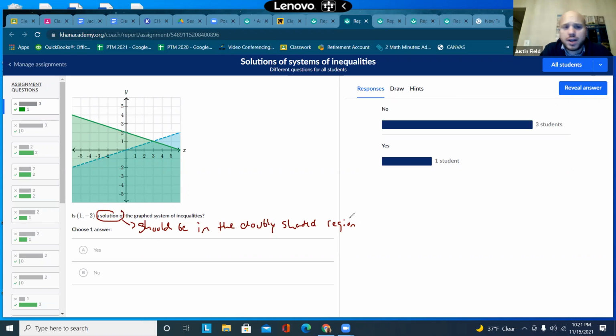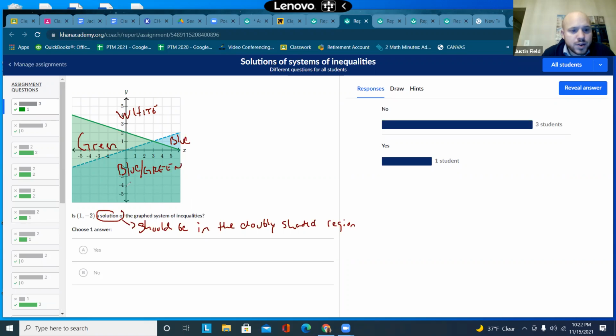The doubly shaded region, the region that is shaded twice. So as you can see, I like to call this the green region. This is the blue region. This is the white region. This is the blue-green region.